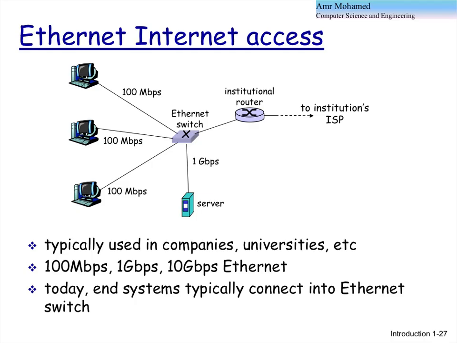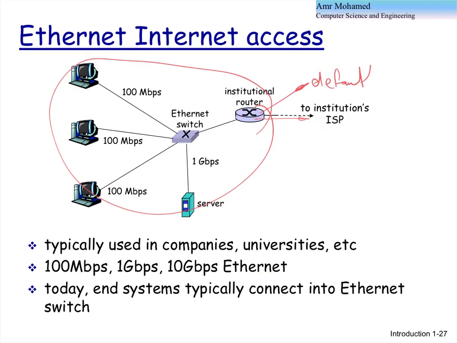So what QU has to do is build an entire network infrastructure as a local network inside QU, and then build what we call an institutional router. This institutional router, we used to call it in Network 1, does anyone remember? Default gateway. So this is what we call a default gateway.